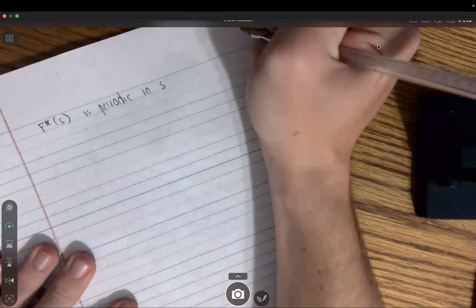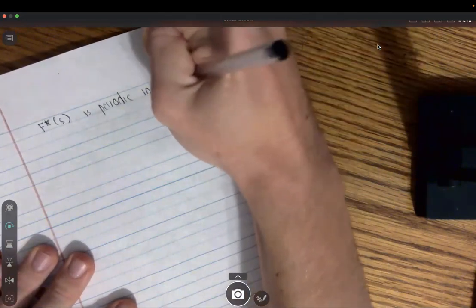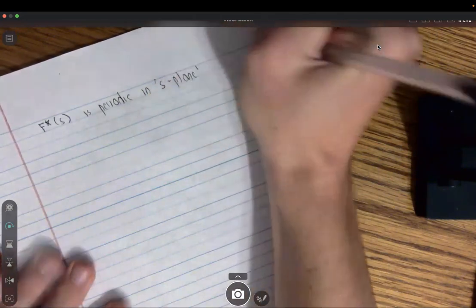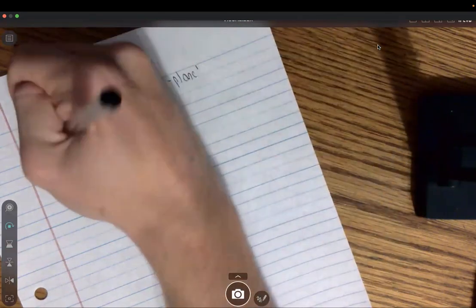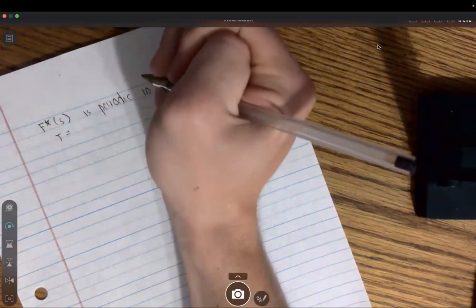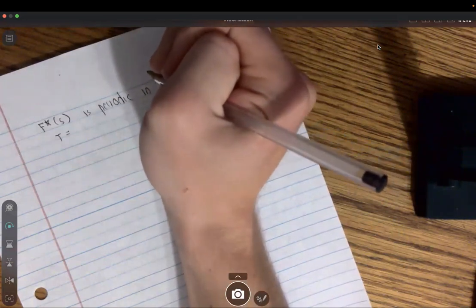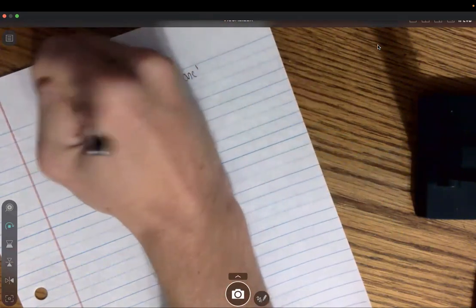And what's its period? In the s plane, the period is T equal to 2 pi all over omega s.